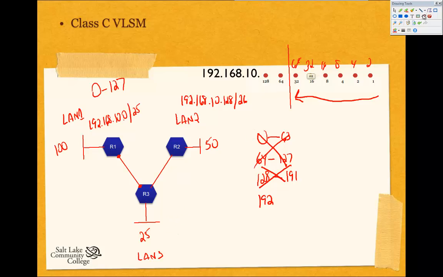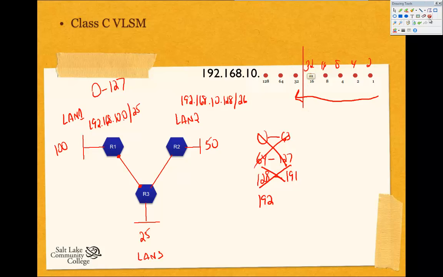So once again, we're looking at LAN 3 down here. We're going to get rid of that line. We can easily see it's going to have to be in blocks of 32. We're going to need at least 32 possibilities to fulfill that 25. I'll draw my line down there.